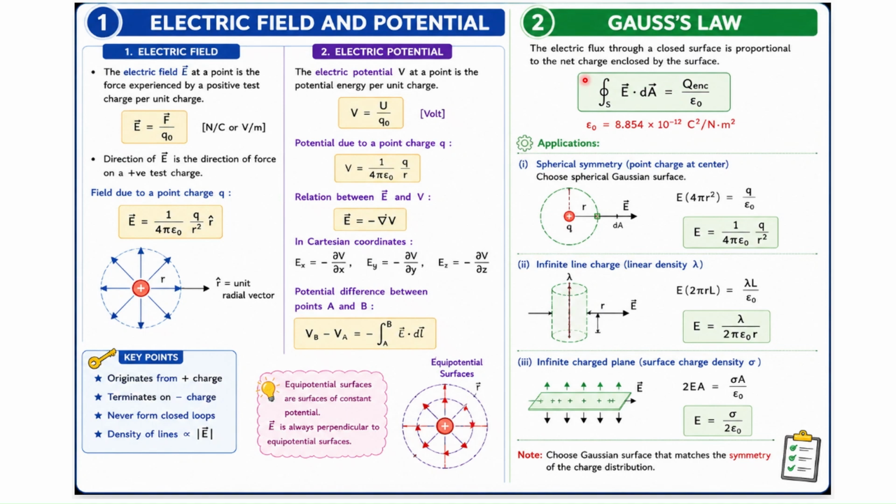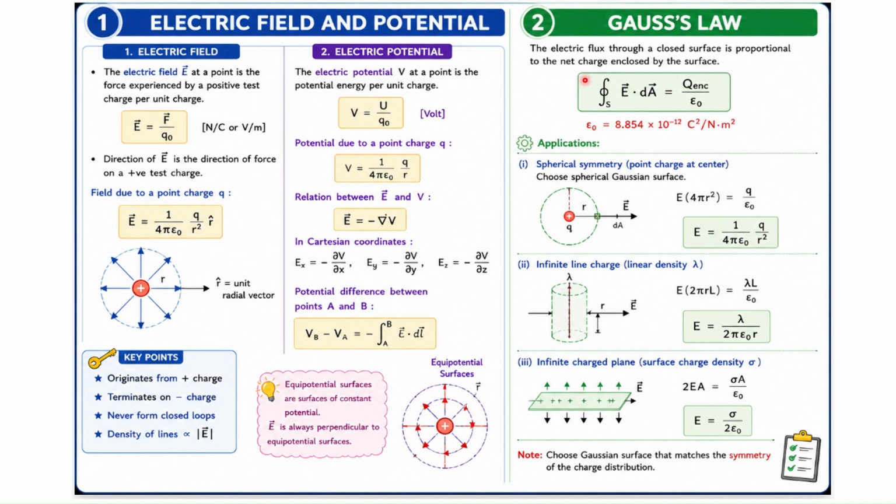If you look at the green side of the slide, there is a theory called Gauss's law. Sometimes calculating the electric field using Coulomb's law and superposition is a very painful exercise, because the integration involved is highly tedious.